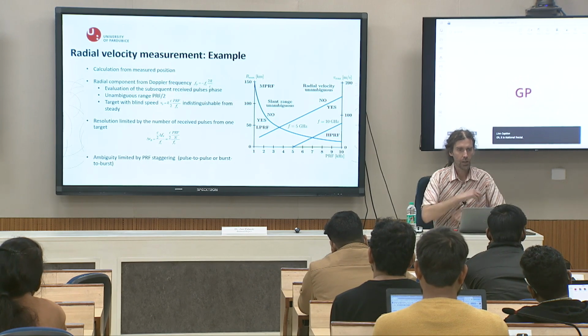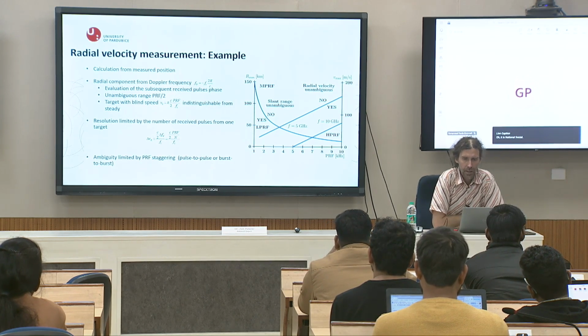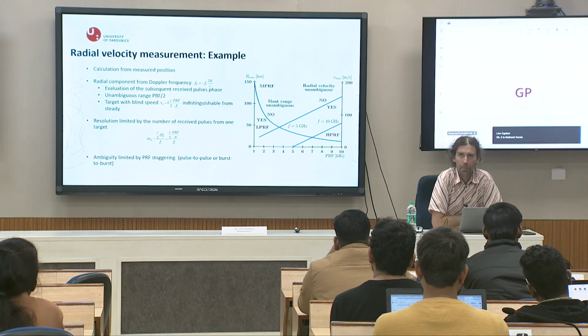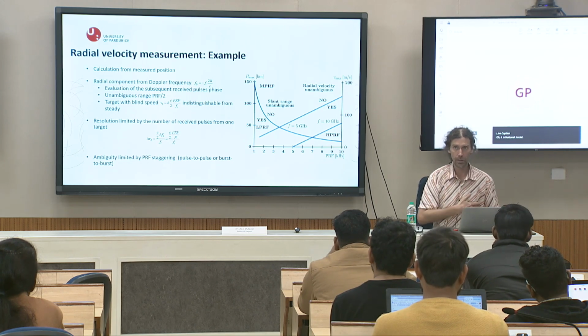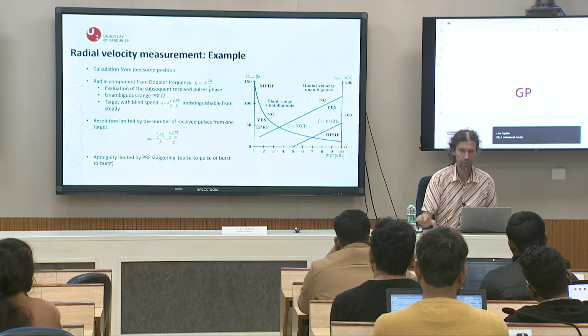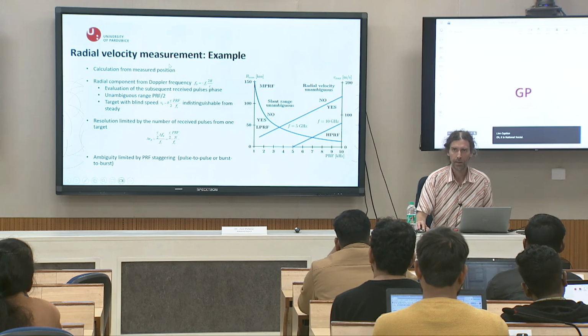There we will talk about radial velocity measurement. You already know that it is very, very similar to ambiguity measurement of range. Again, we need to solve this blind speed.